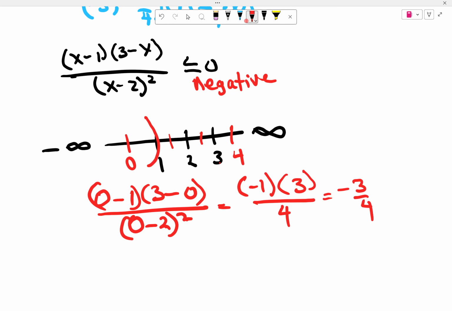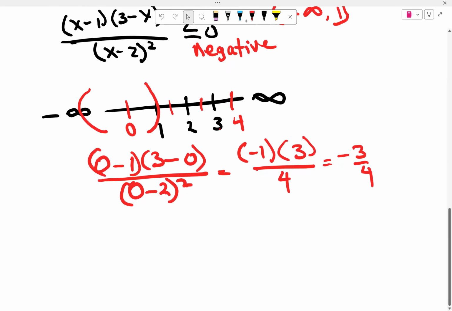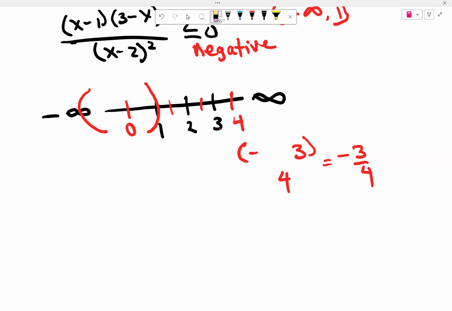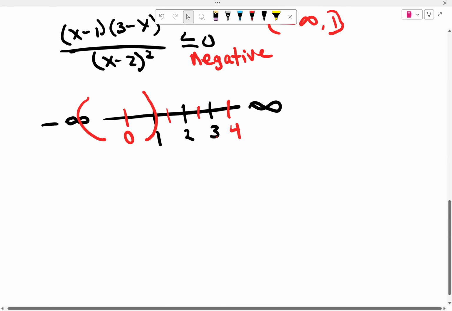So this is one interval that is to be selected. So anything from negative infinity up to 1, we can even do inclusive up to 1 because of the fact that it is negative. Okay, so the 0 works. Let's try a 4. So we want a negative outcome.